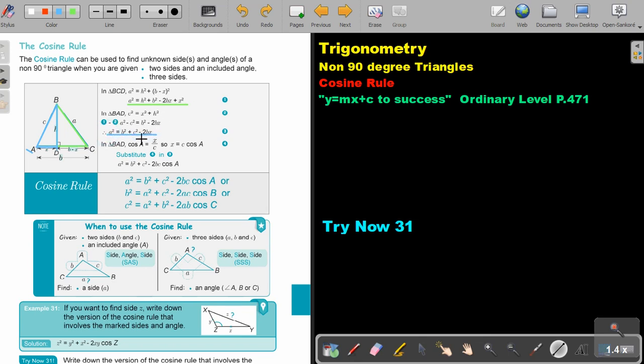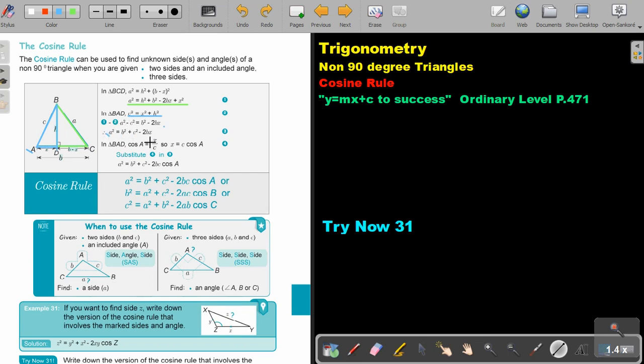So a squared minus c squared, 1 minus 2, and then it's this minus this. So everything will cancel out, the h squares will cancel out, leaving b squared minus 2bx. And now I just rearrange and make a squared the subject of the formula.